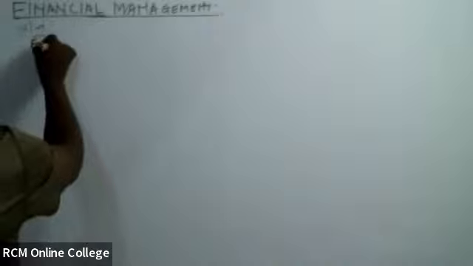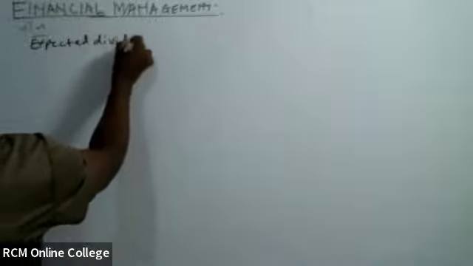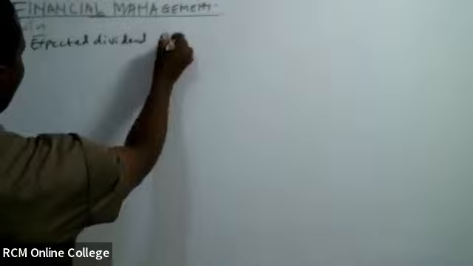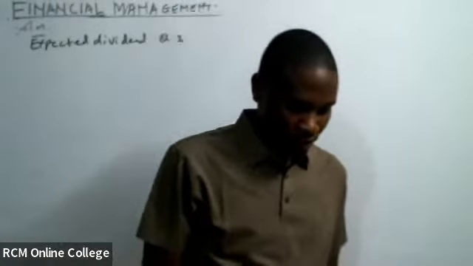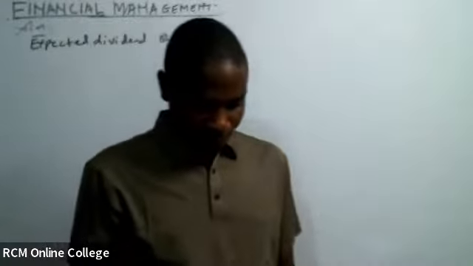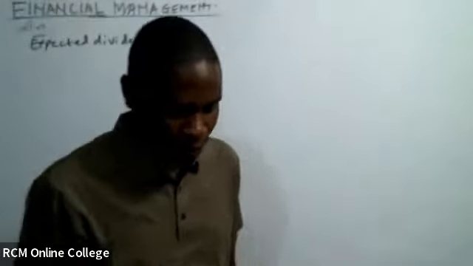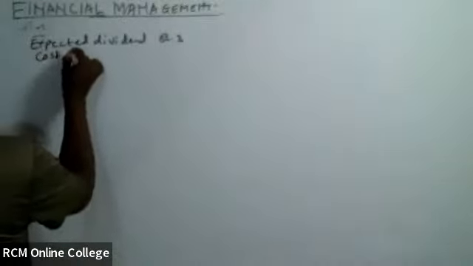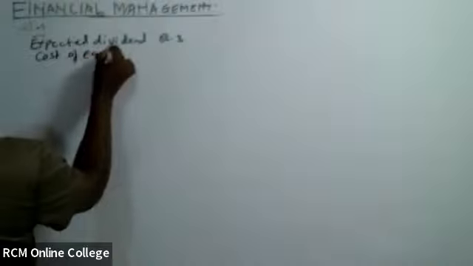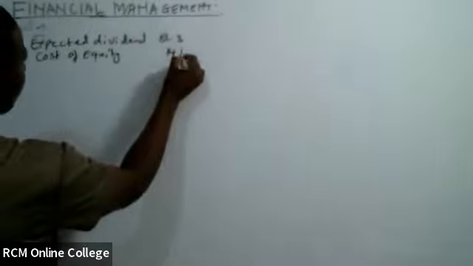So the expected dividend is 3 shillings. Then on its ordinary share, which is expected to remain constant throughout the year, we calculate the intrinsic value per share if the cost of equity is 14%.